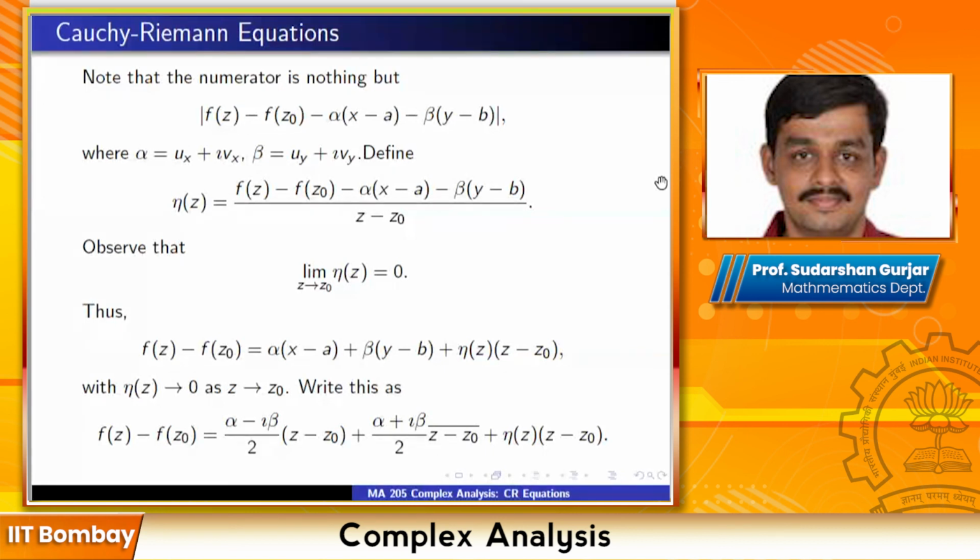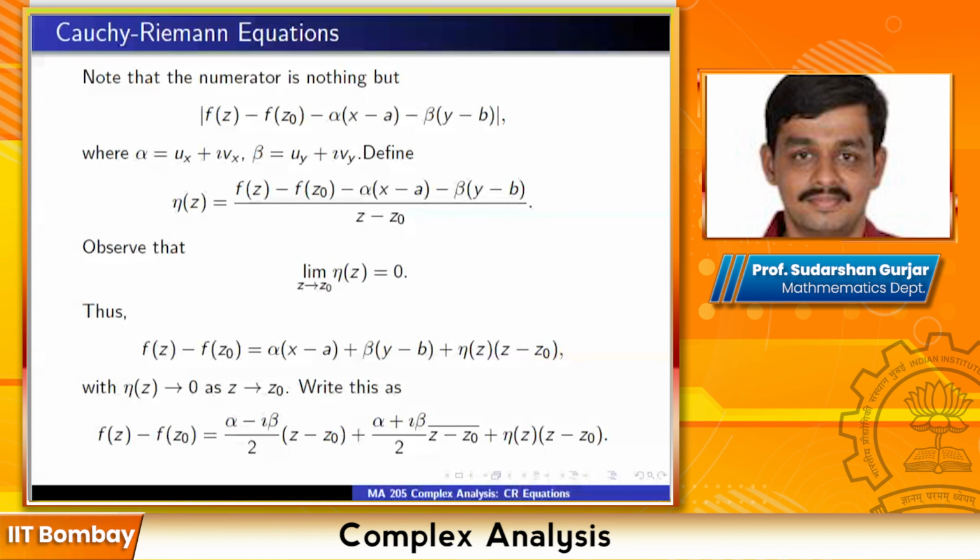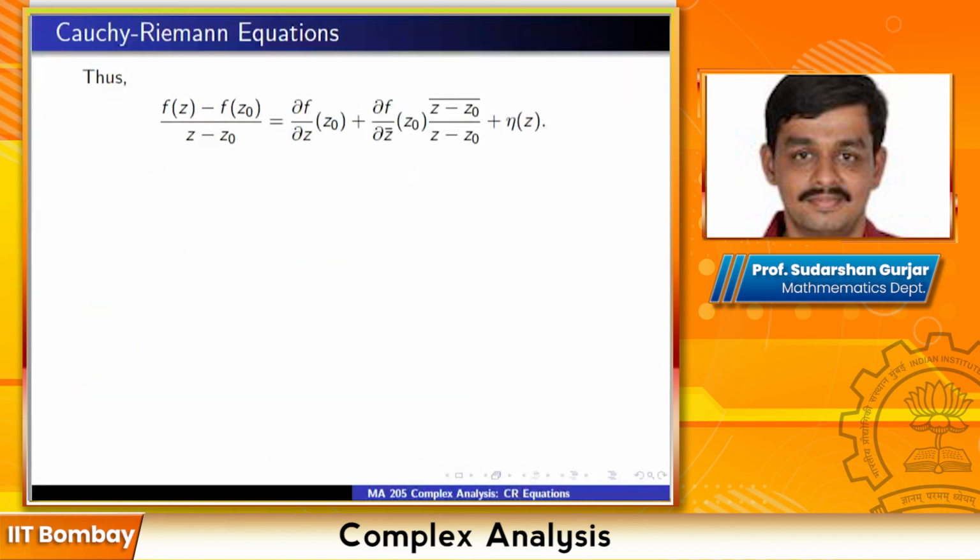Thus, f z minus f z naught by z minus z naught: just divide both sides by z minus z naught. So f z minus f z naught by z minus z naught is del f by del z at z naught, plus del f by del z bar at z naught times z minus z naught bar upon z minus z naught, plus eta of z.